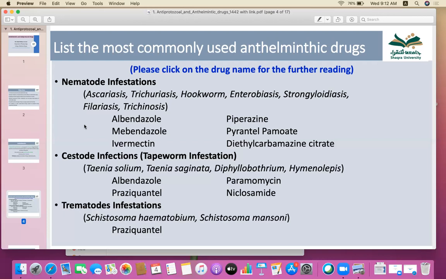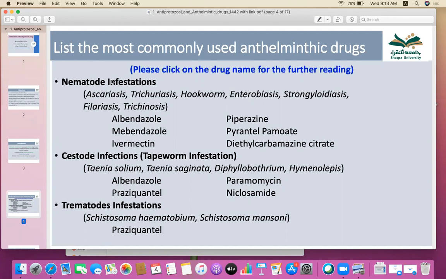Now in the blue color, please click on the drug name for further reading. If you click on any drug name, you will land on the specific reading page by Medscape, and you will get all the pharmacology related to the specific drug. Now let us see one by one.